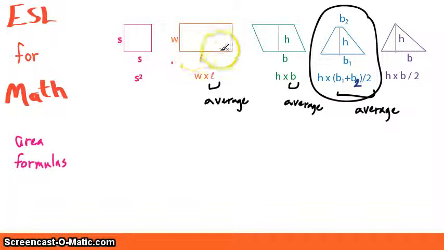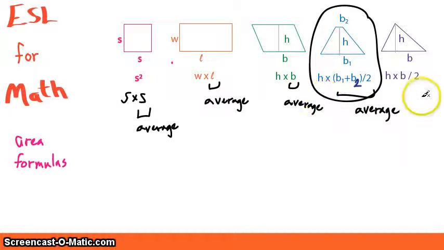It's the height times the base, W times L. Finally, S squared, we know that S squared is the same as S times S. And the average of the top and the bottom of a square is S. And this is the height. Okay, so in every case, we're multiplying the height times the average of the top and the bottom.